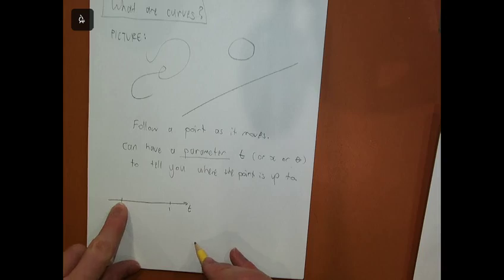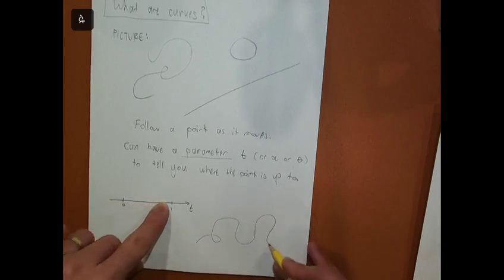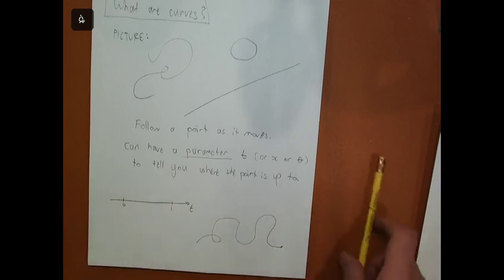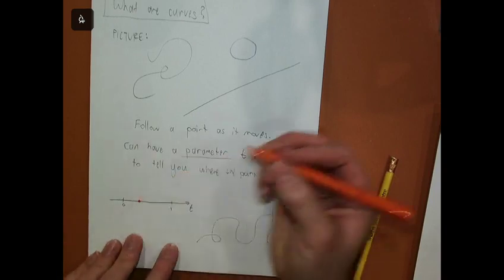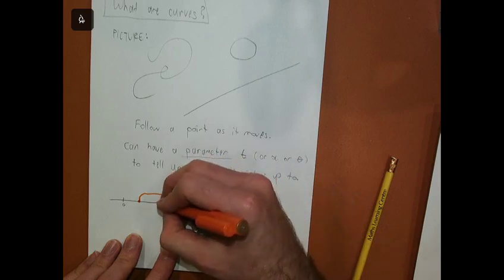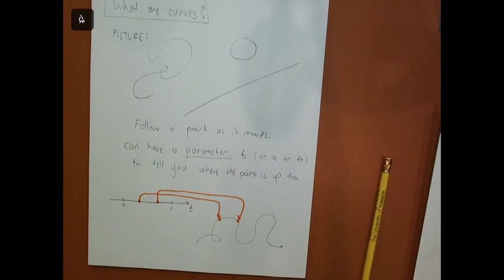So this point 0 would correspond to a particular point here, and then as this moves along here, the curve will trace itself out until you get to here, which corresponds to the point 1. And the points somewhere in the middle correspond to points somewhere in the middle of your curve. So this point, for example, may belong there, this point may belong there, and so on.